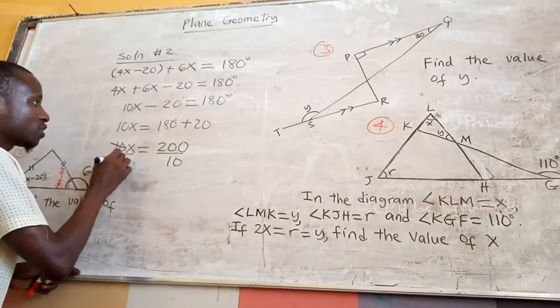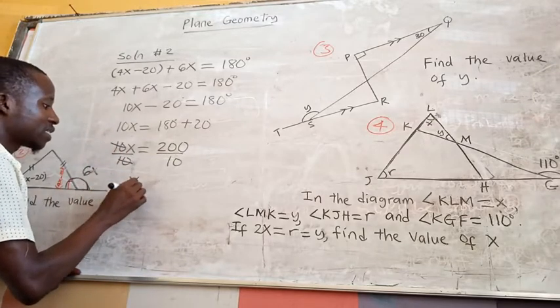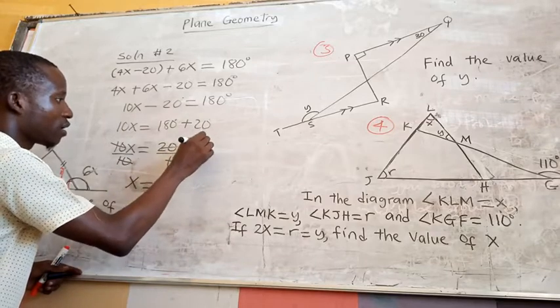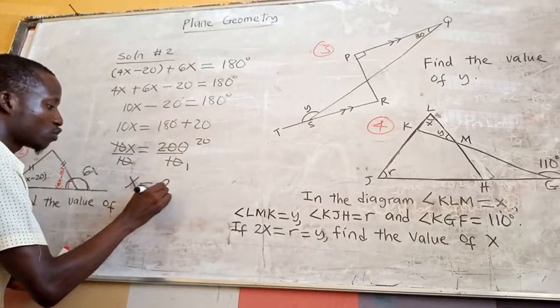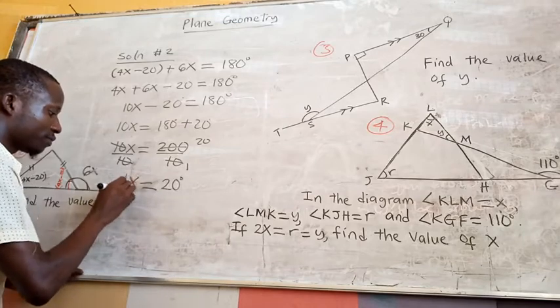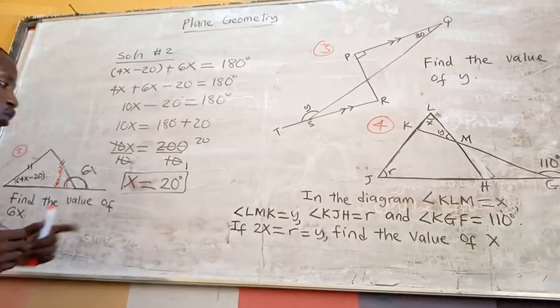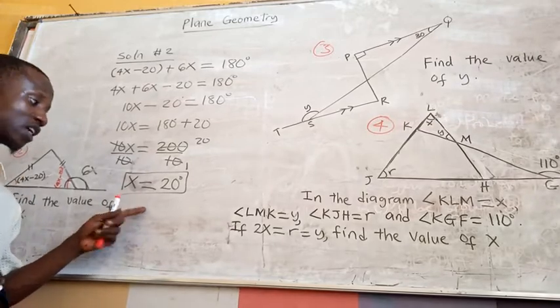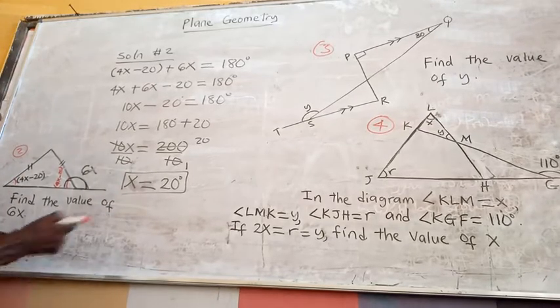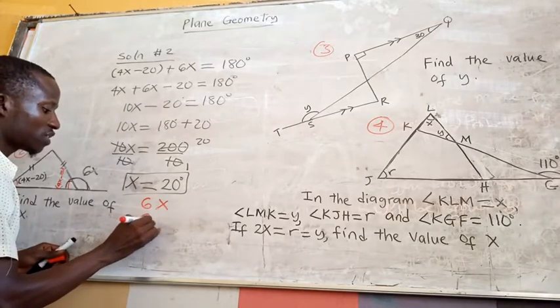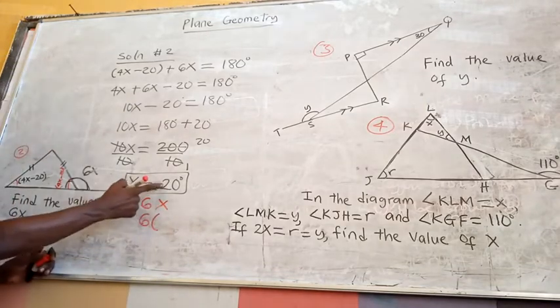So 10 cancels 10, and we can see that x is equal to 20. So x is equal to 20 degrees. But we are not asked to find the value of x, rather we are asked to find the value of 6x. So we can clearly see that we have 6 times x, and the value of x now is 20 degrees.